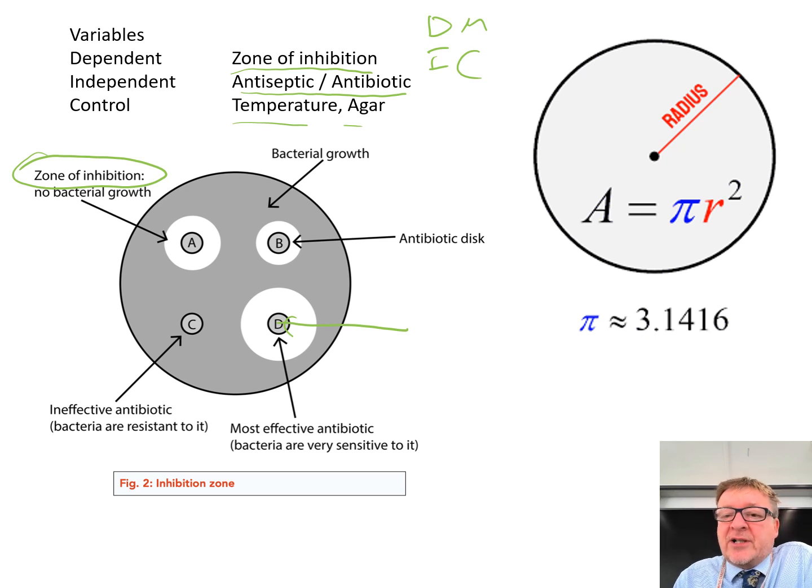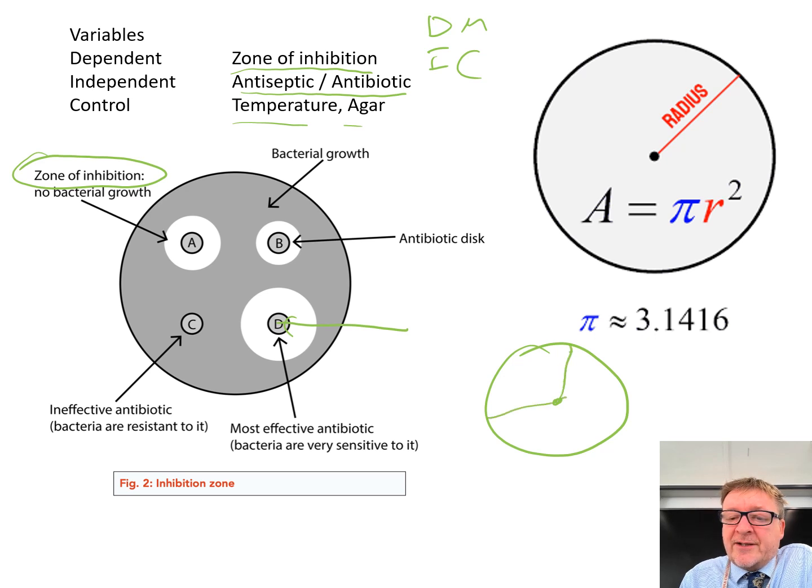Now to actually calculate the zone of inhibition, you're going to use a bit of maths. You're going to see a circle around the outside, and you've got your dot in the middle. You need to work out a few radiuses, because the circle might not be perfect. Once you've done a few radiuses, you do a mean, and then using the formula area equals pi r squared, you can calculate the zone of inhibition of each one of those individual antibiotics.